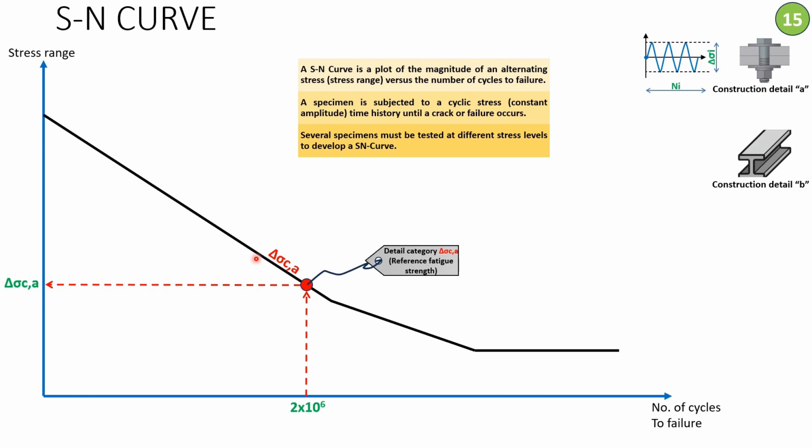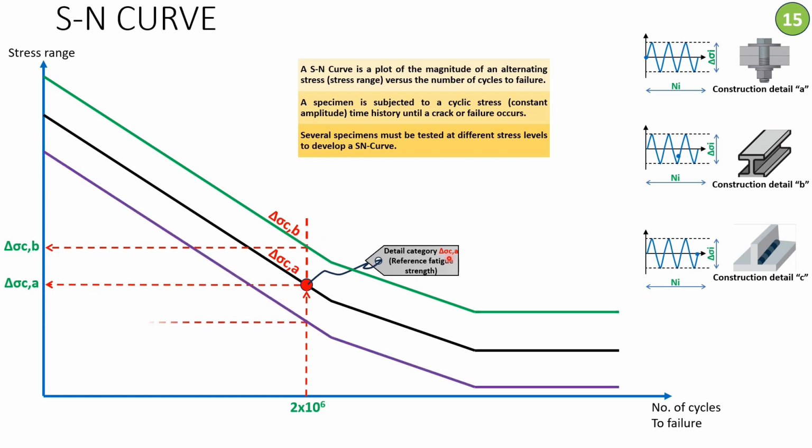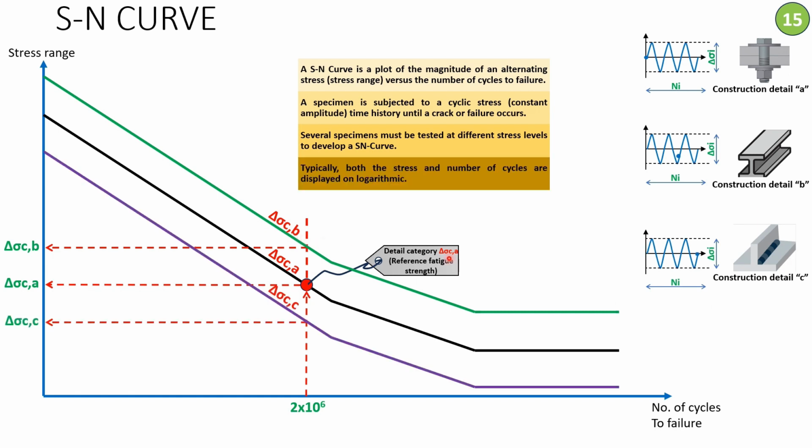You could repeat the same process to establish the S-N curve for the most common construction details and tag them with their own specific reference fatigue strength. Normally, the S-N curve is plotted in a log scale.